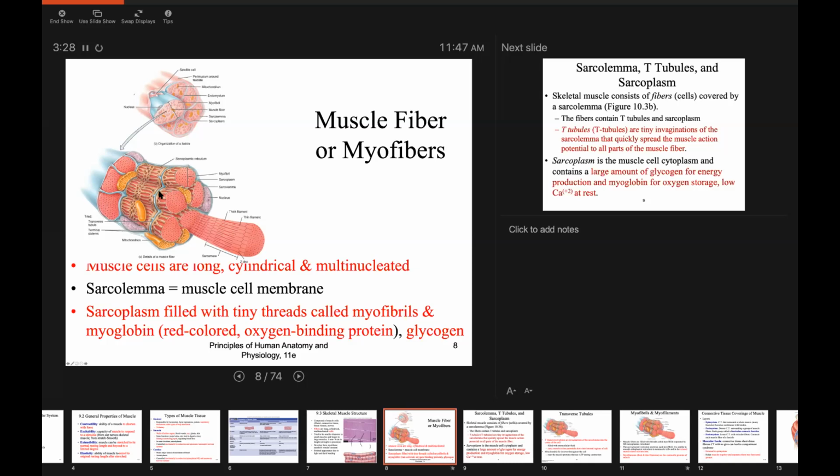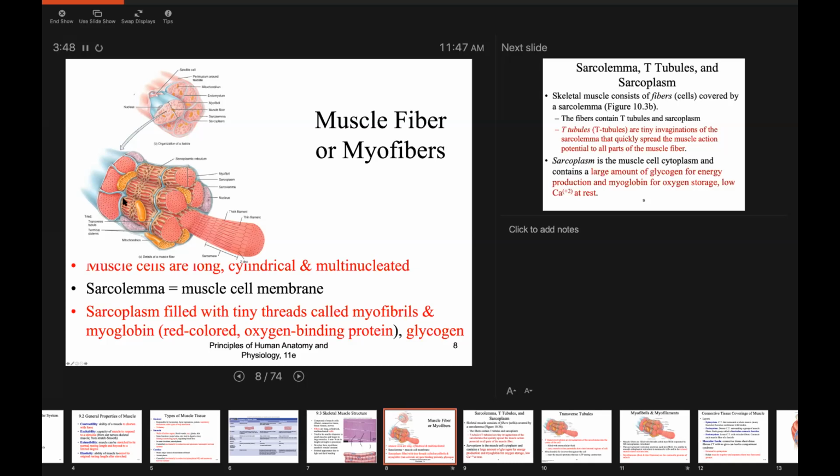That is called the sarcoplasmic reticulum. The sarcoplasmic reticulum allows us to carry calcium from the sarcoplasm and then concentrate it in these terminal cisterns. The terminal cisterns then surround the transverse tubules.